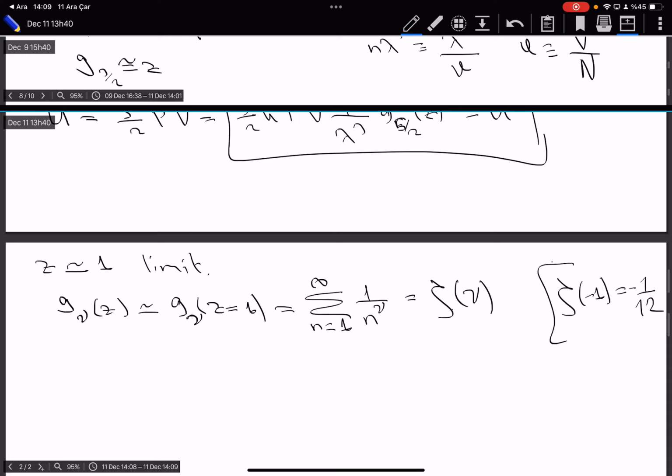Well, this is one definition of the Riemann zeta function, valid for nu larger than 1. As long as nu is larger than 1, it is finite. But there are other definitions of the Riemann zeta function, valid for any value of nu, which tell us that the Riemann zeta function evaluated at minus 1 is minus 1 over 12.